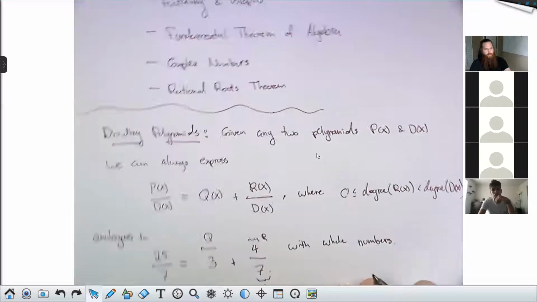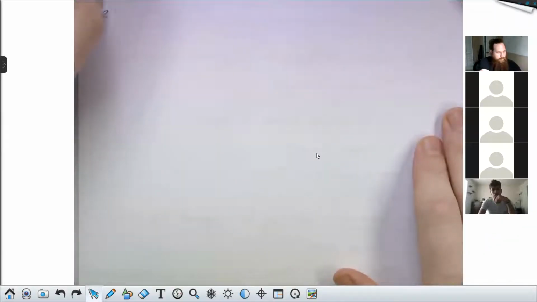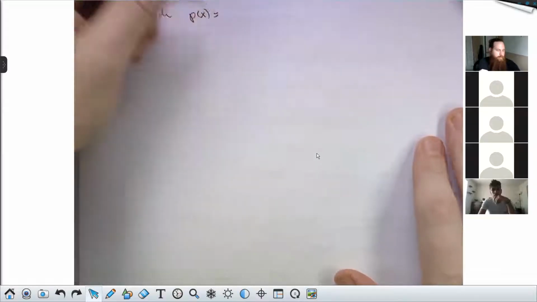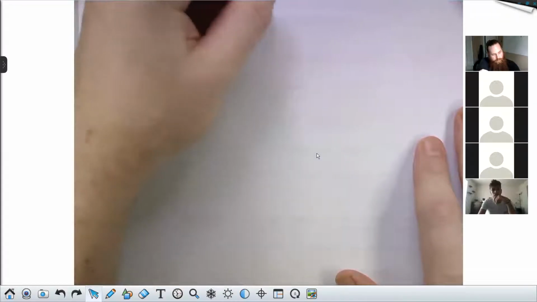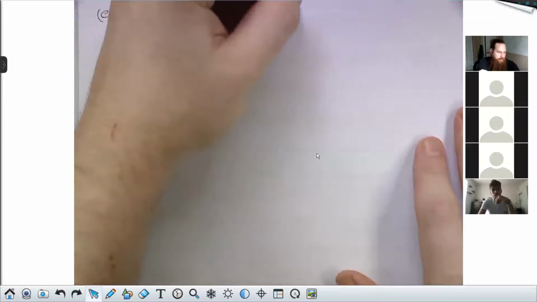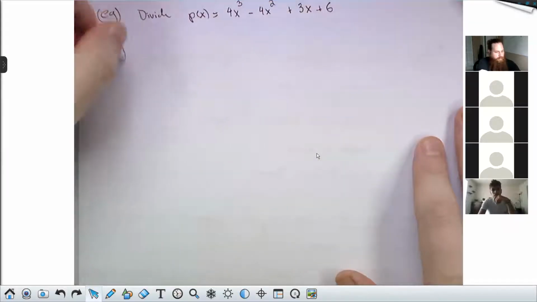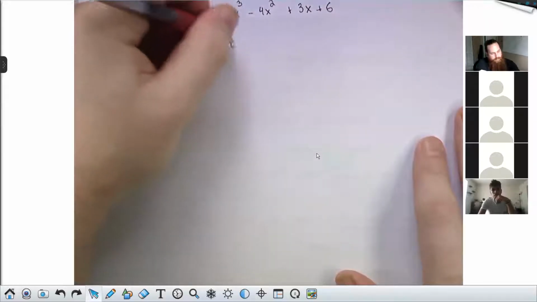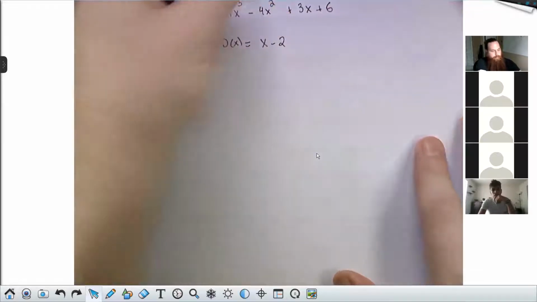Okay, so I'm going to show you long division first. I'm going to divide the polynomial P of x equals, and I'll just make something up, how about 4x cubed minus 4x squared plus 3x plus 6, by the polynomial d of x equals, we'll start with something simple like x minus 2.